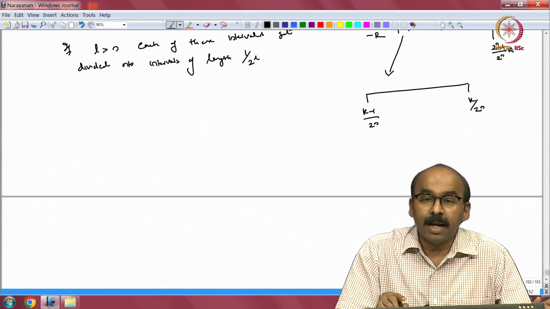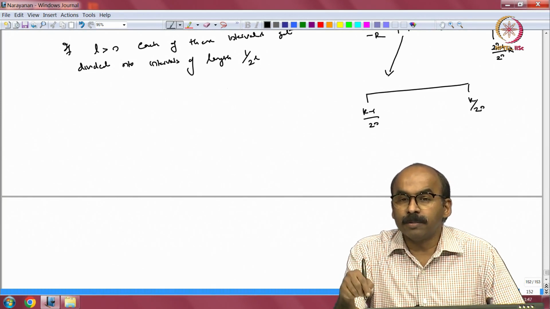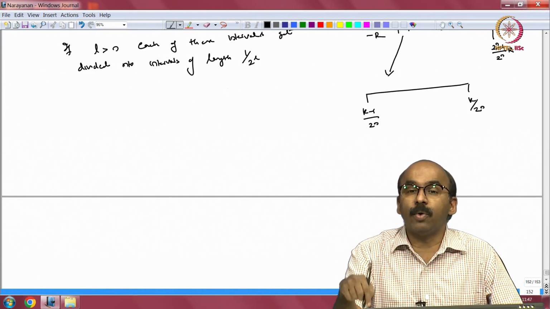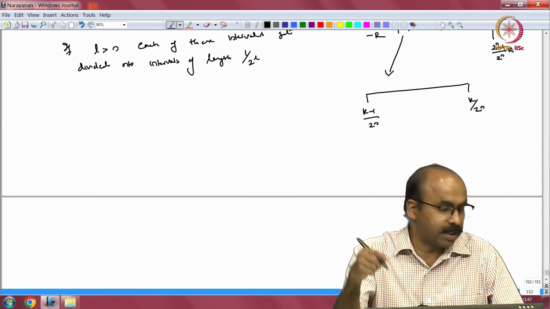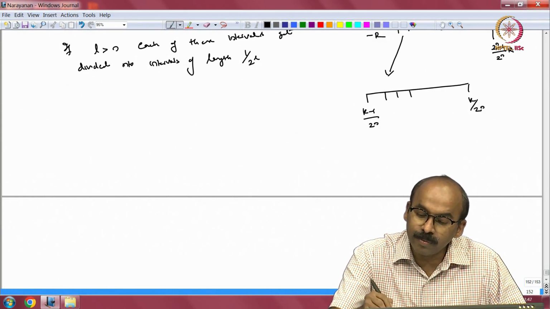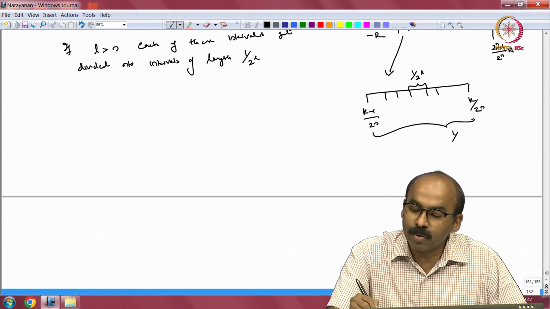When L is greater than n, at the Lth level, this interval gets divided into smaller intervals so that each of them has length 1 by 2 to the L. That is the procedure. The length of this interval is 1 by 2 to the n.